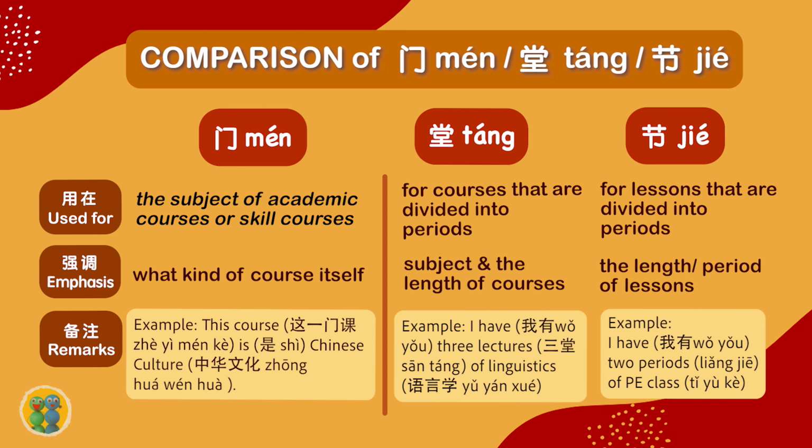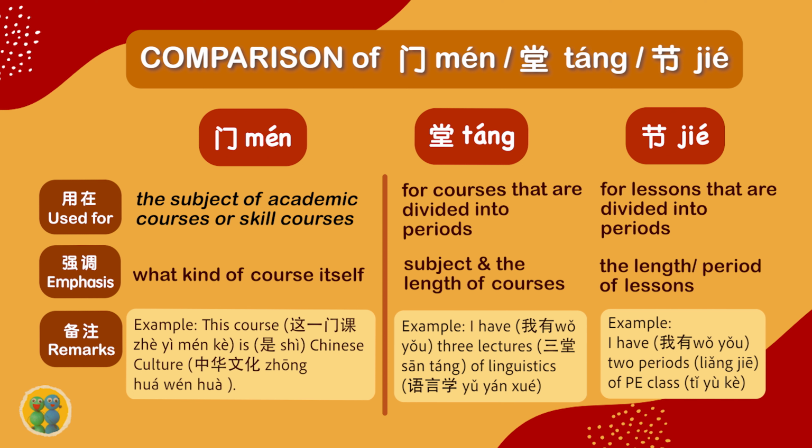You can see 堂 tends to emphasize both the subject and the length of courses. The example mentions the subject and the length, three lectures of linguistics. 堂 is more balanced in emphasizing both subject and length of courses.